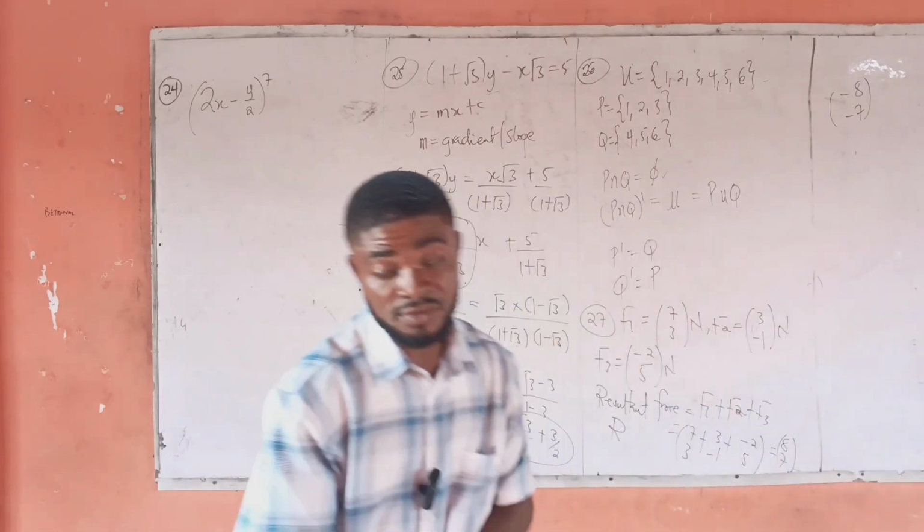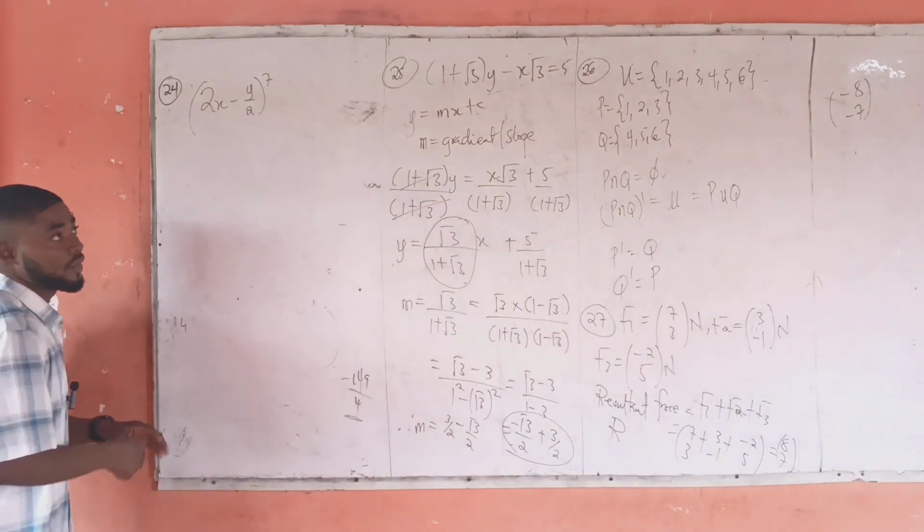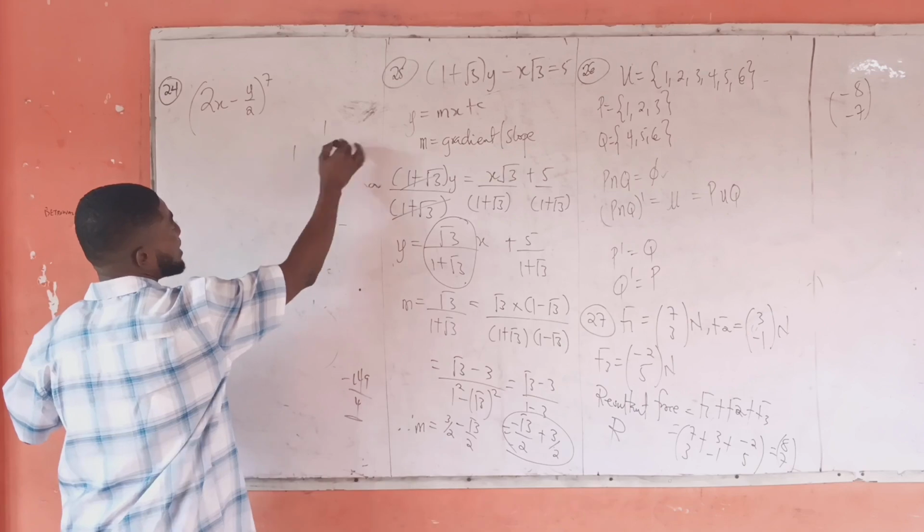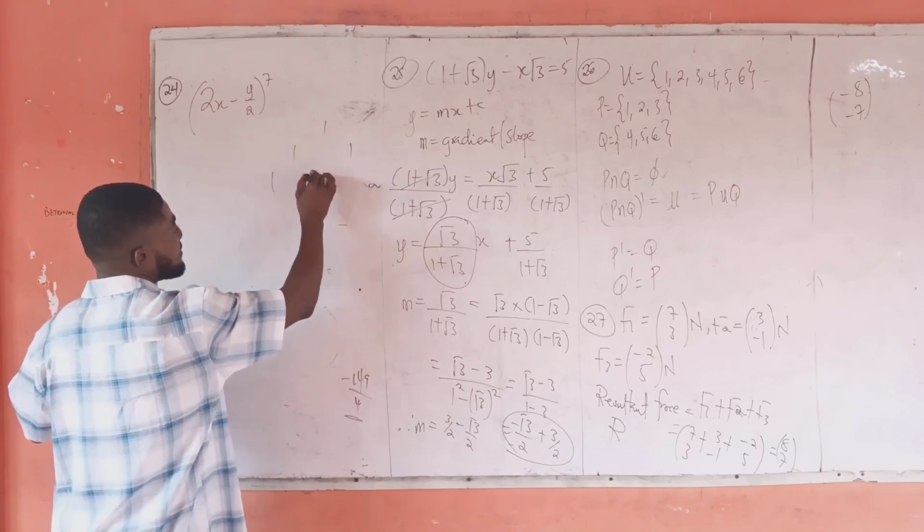All I would want us to do is to use Pascal's triangle, where any number raised to the power 0 has a term 1, power 1 is 1, 1, power 2 is 1, 2, 1.